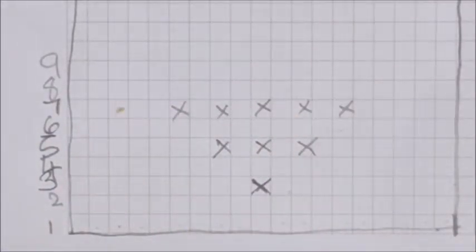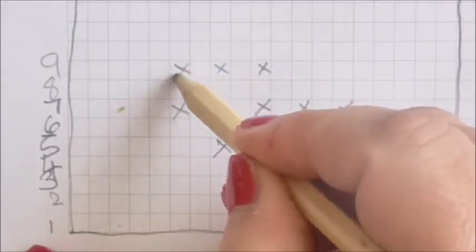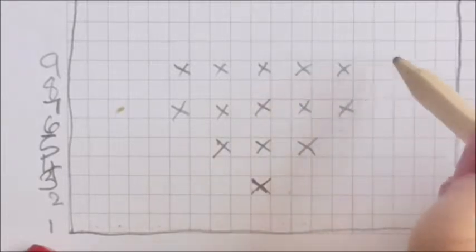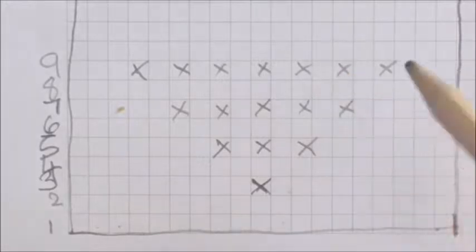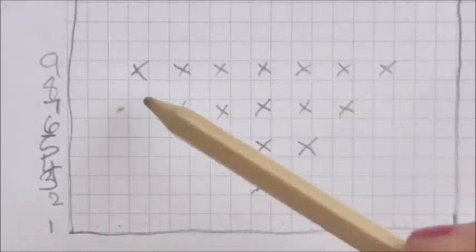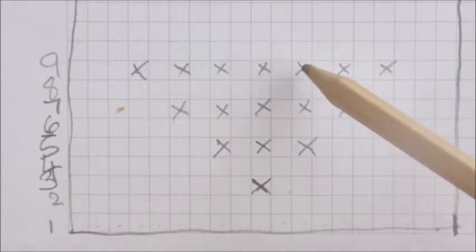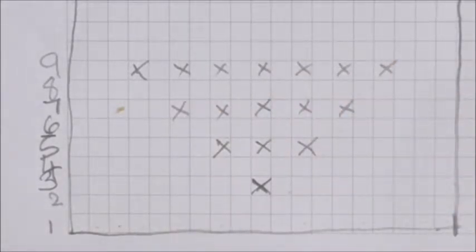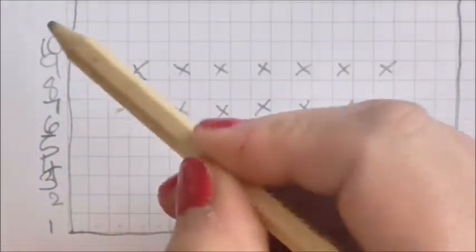Row 9, we will want 7 bobble stitches or puff stitches, and they'll extend. Remember, we always leave a full row of plain stitching, so a full row of treble crochet in between each row of bobbles, and then we leave a treble crochet in between each bobble stitch. Now for row 10, we're just going to be plain.